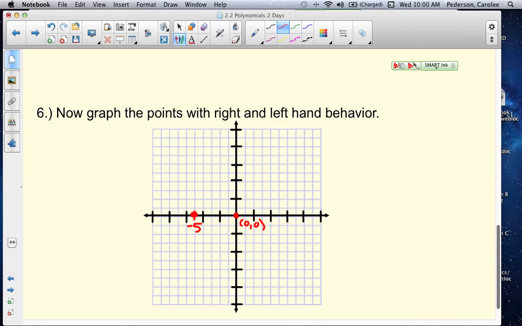All right. Then we talk about our end behavior. What was our end behavior? What happens on the left? We'll talk about negative 5. What happens to the left of negative 5? It rises. There are no more x-intercepts possible. So I cannot go back down. I can't go like this because there's no more x-intercepts to give out.